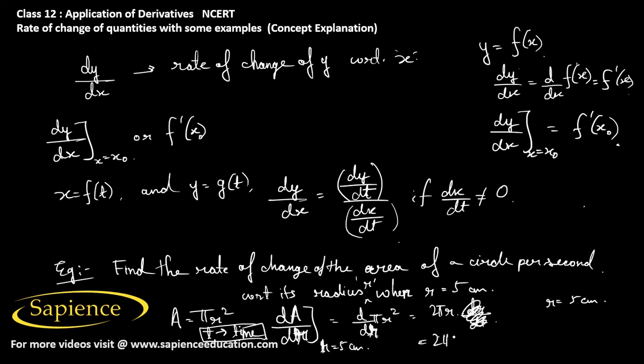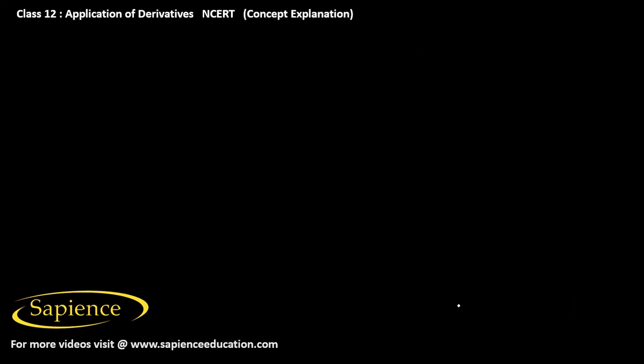So it will be 2 pi into 5, which is 10 pi centimeter square per second. Okay.